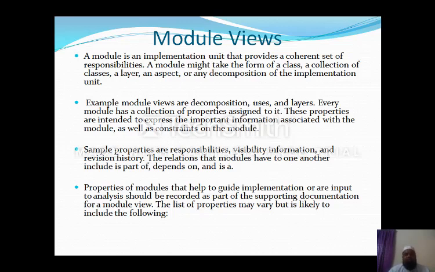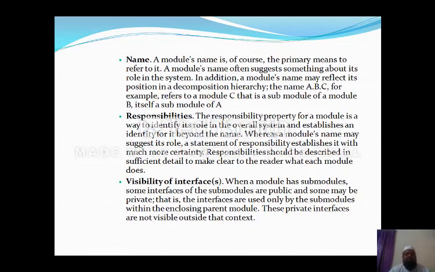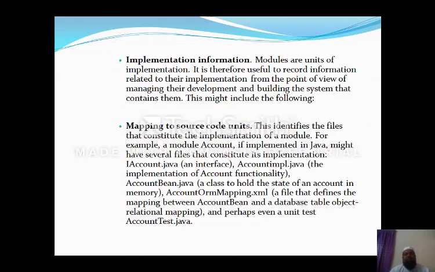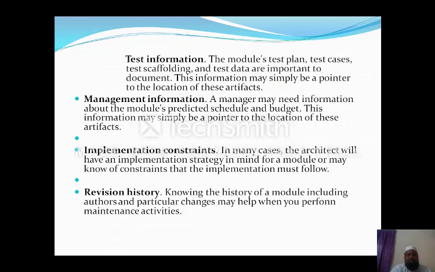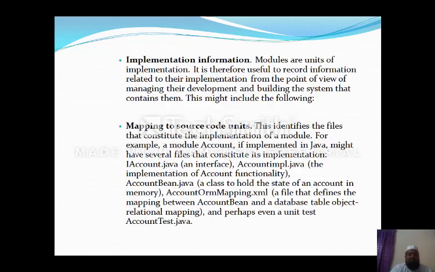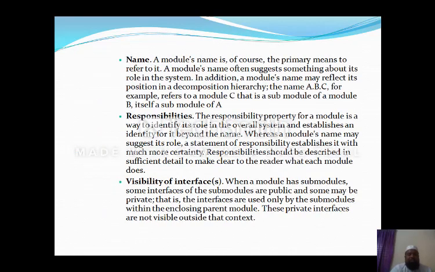The list of properties may vary but is likely to include the following: name, responsibilities, visibility, implementation information, mapping to source code units, and test information. These are the various properties. It means that whatever module name you are giving, you need to know the module name.